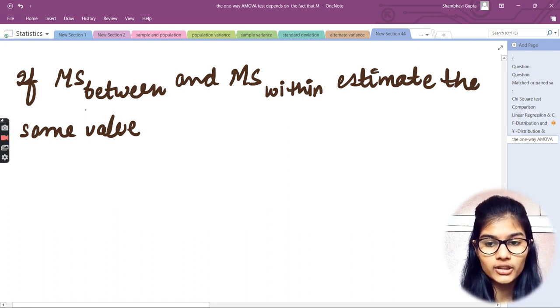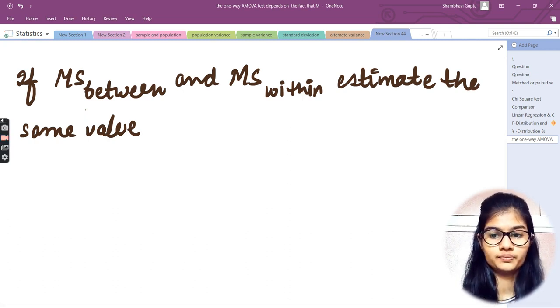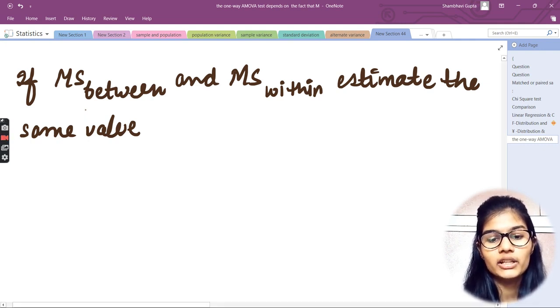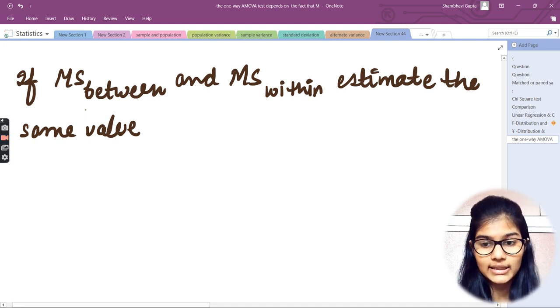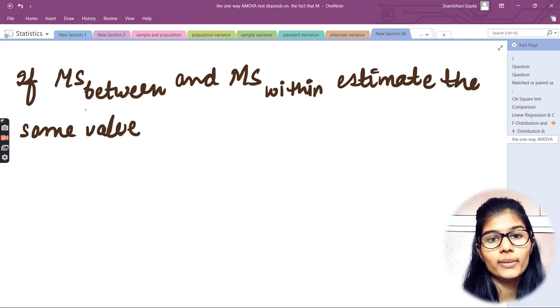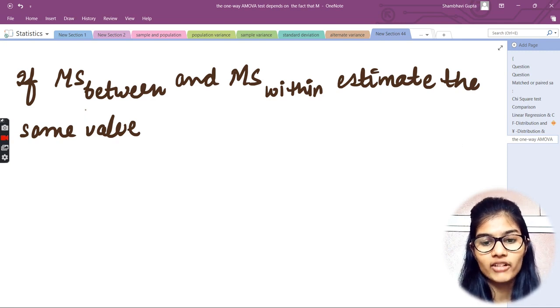It can be so when we believe that H naught is true. H naught means my null hypothesis. Whenever my null hypothesis is true, the MS between and MS within estimate the same value, right?